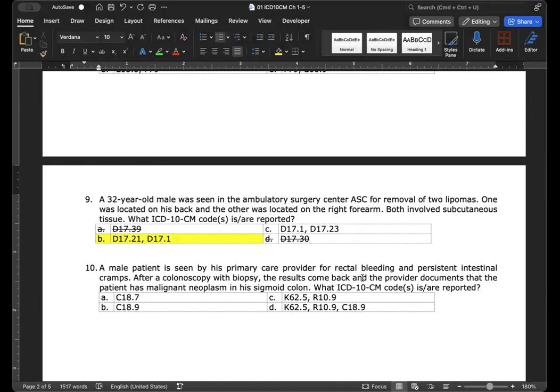So there's a 3 and a 4. But typically, if you have just arms in one subcategory, legs in another subcategory, 1 would be your right, 2 would be your left. Okay.